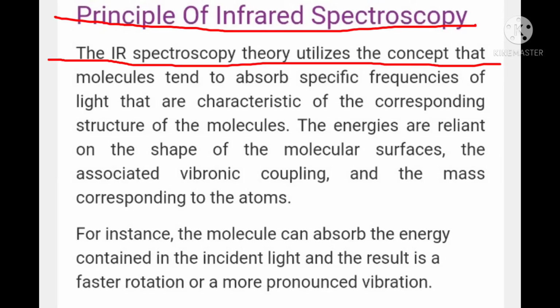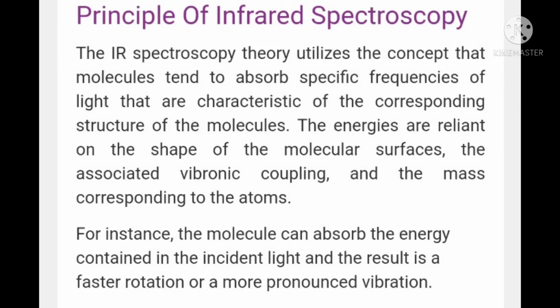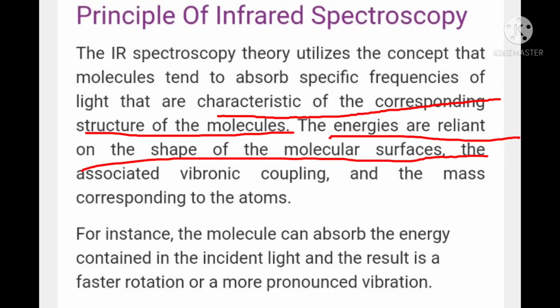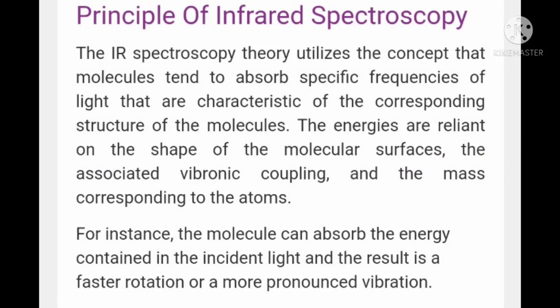Okay. Next is the principle of infrared spectroscopy. IR spectroscopy theory utilizes the concept that molecules tend to absorb specific frequencies of light that are characteristic of the corresponding structure of a molecule. The energies are reliant on the shape of the molecular surface and are associated with the vibronic coupling and mass corresponding to atoms.